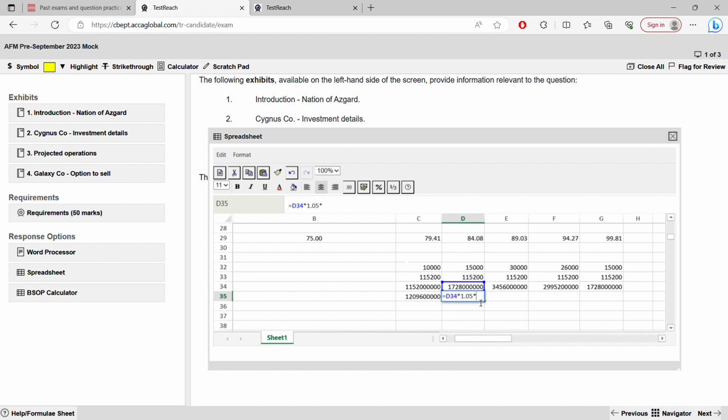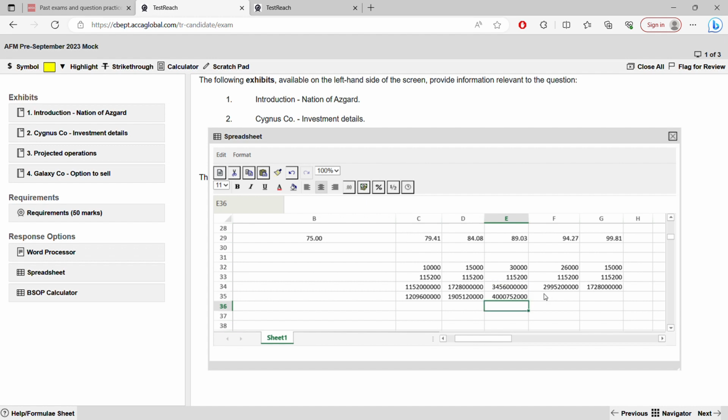Or you could do it another way, to the power 2, like this. See, you always have to take it to the power of the year. If it was for the second year, to the power 2, third year to the power 3, fourth year to the power 4, like that. But it remains 1.05 only on that amount. Enter. Okay. Now, same here. Click, multiply 1.05 to the power 3.